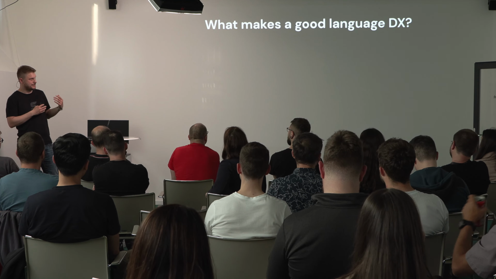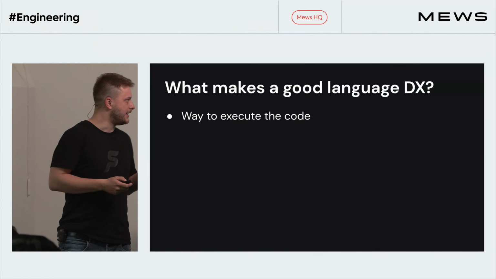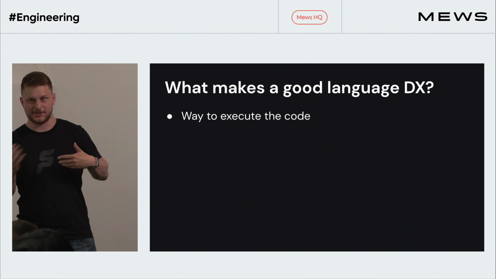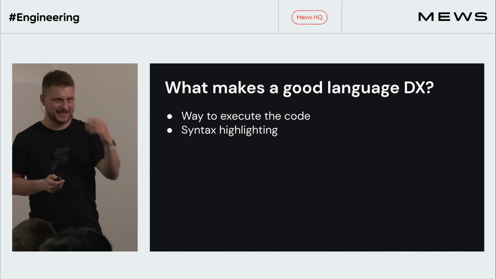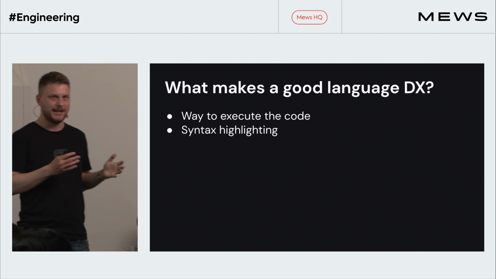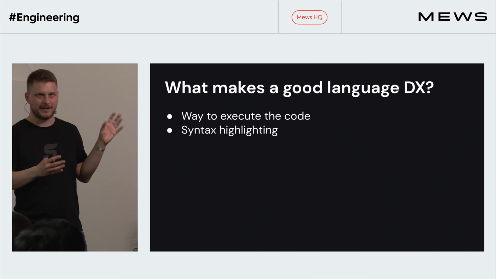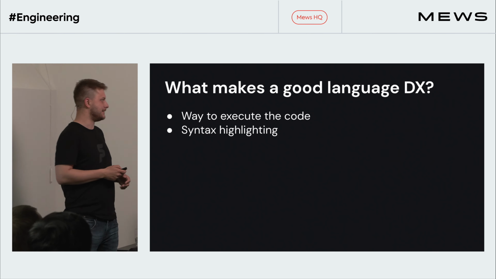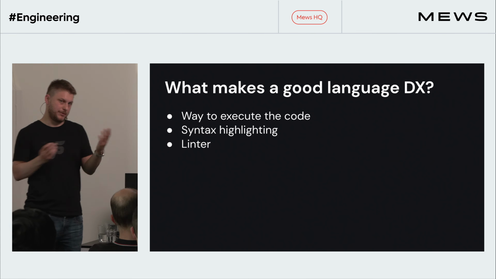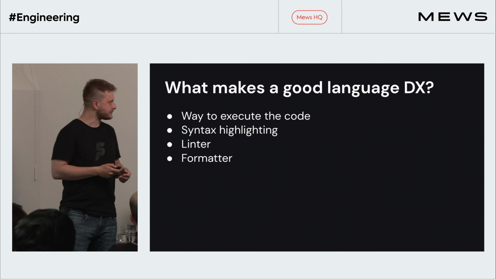So I have a few more ideas here. Obviously you need to have some way to execute the code. But syntax highlighting, precisely, that's usually where many hobby languages start with the tooling and stop. You might want to have a linter, exactly.